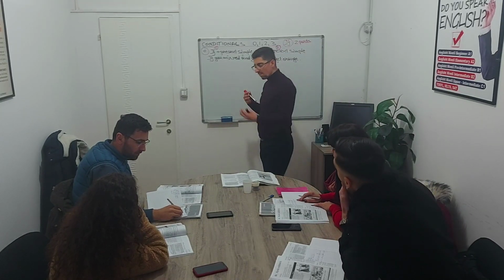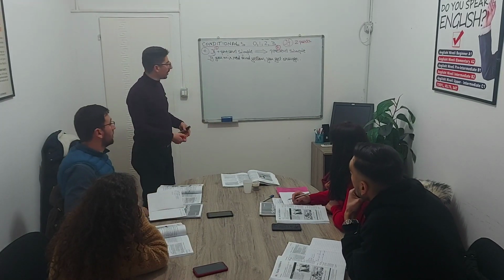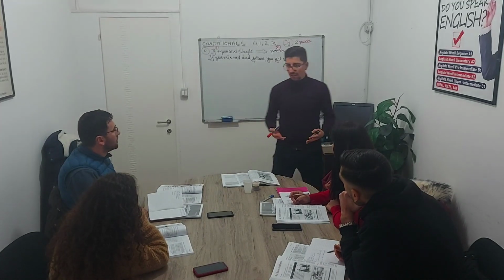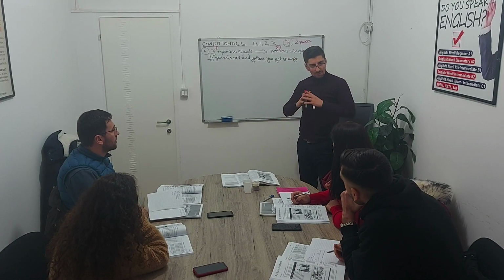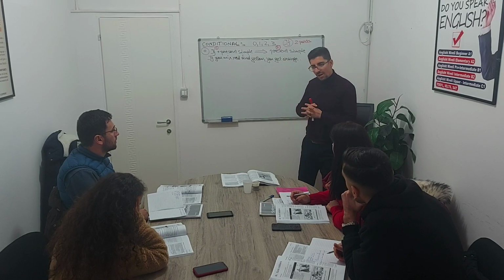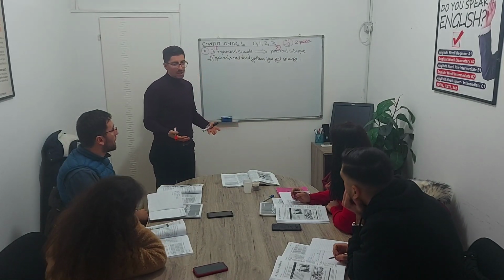So, if we mix red with yellow, we get the color orange. That's right. Now, is this always true? Yes. Each time you mix red and yellow, you get an orange color.